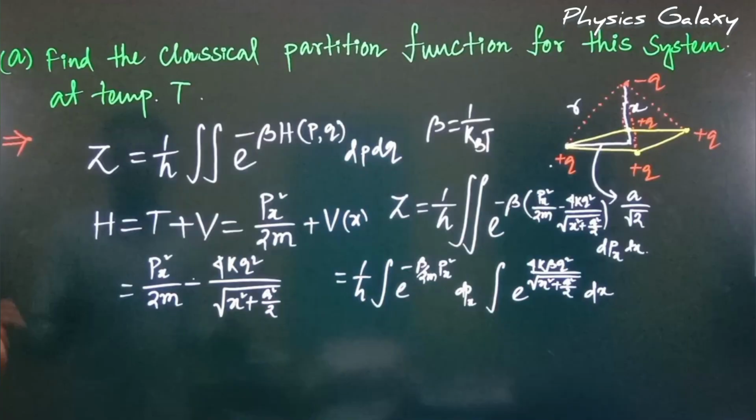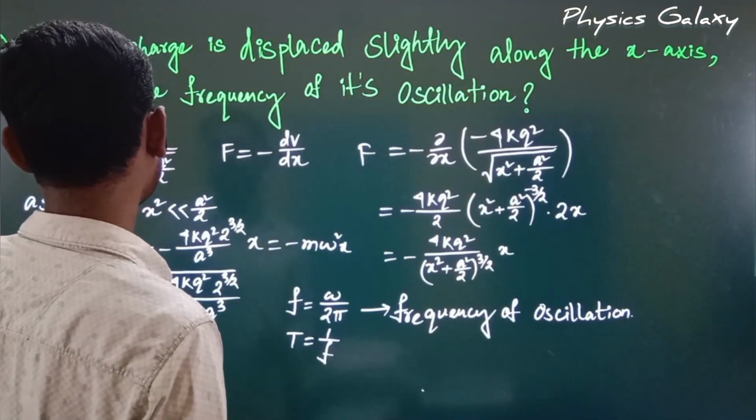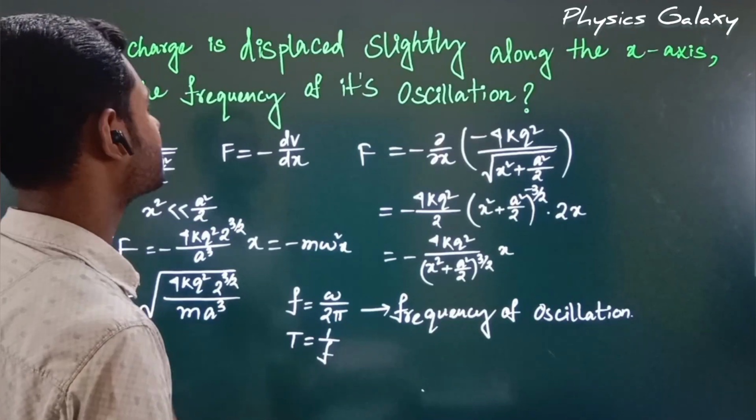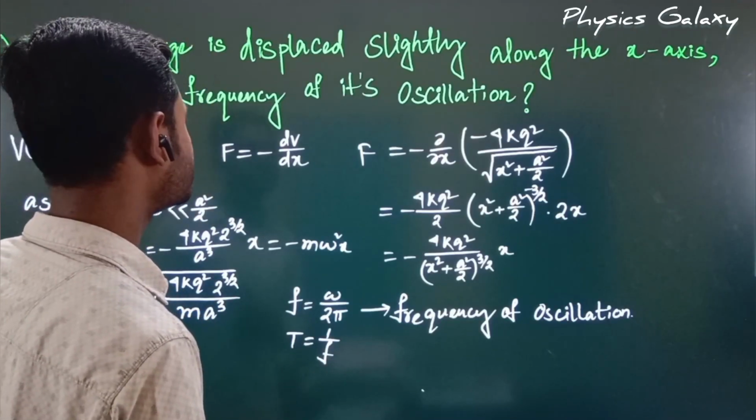The next question is: if minus q charge is displaced slightly along the x-axis, what is the frequency of its oscillation?